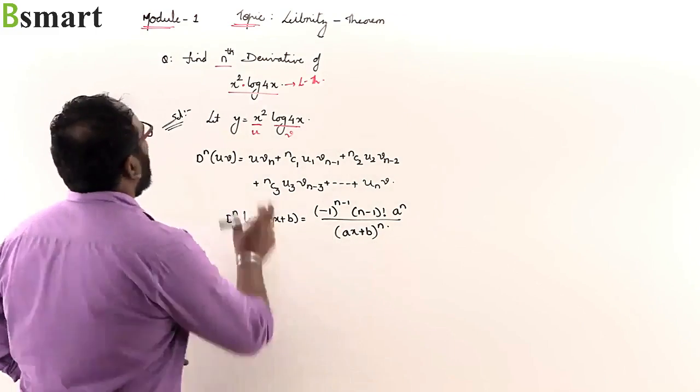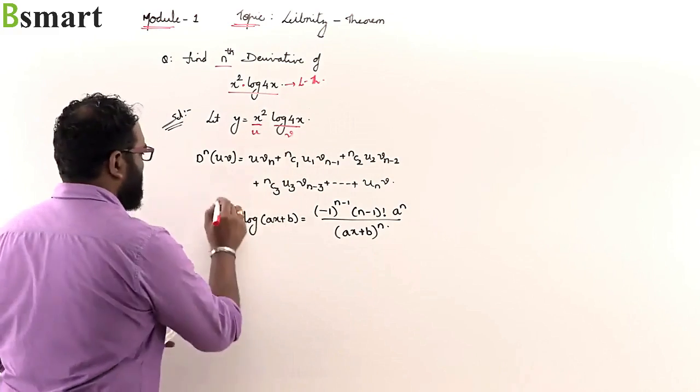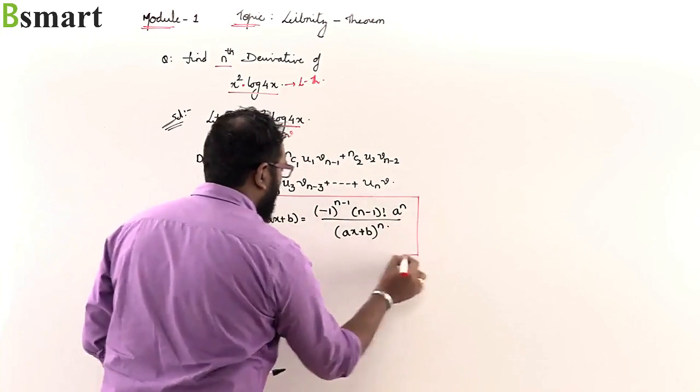So then let's apply the formula for x square log 4x. Keep this value aside.